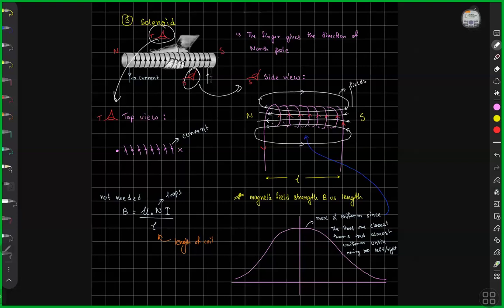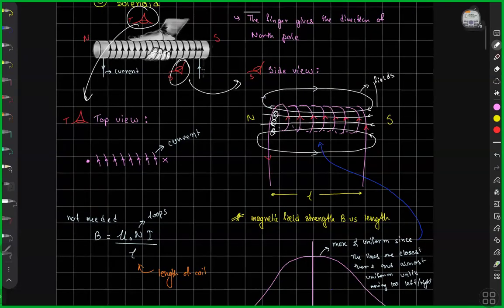The field line is almost curved, and if you notice the direction, it is inside the magnetic material, inside the solenoid. It is going through the north and then outward to the south. Completes a cycle. So outside the coil, it goes from the north to the south.